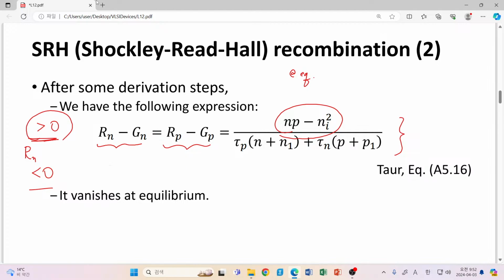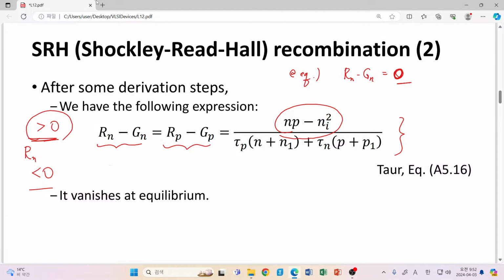So from that rule, you can see that at equilibrium, the net generation or net recombination becomes just 0. At equilibrium, this one doesn't make any sense. Now let's consider the non-equilibrium case.